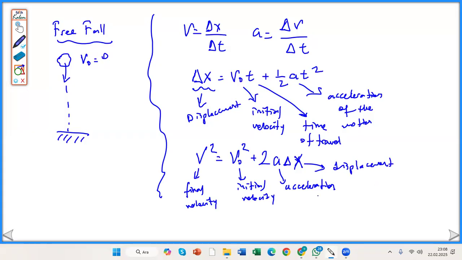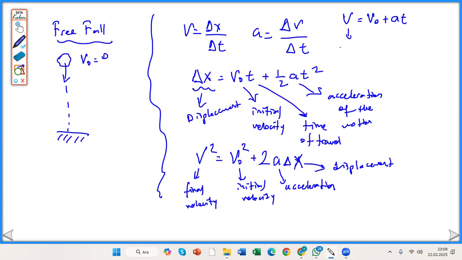These are important, more complex formulas. We can also use another formula at the same time. For instance, velocity is also V0 plus a times t.